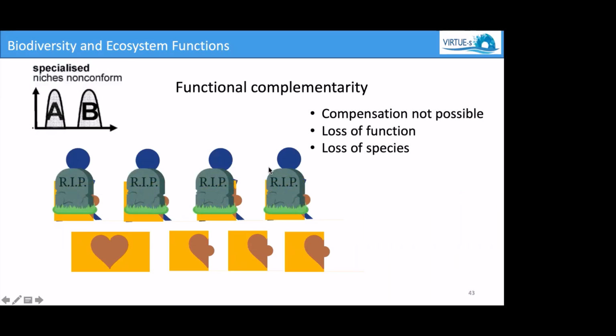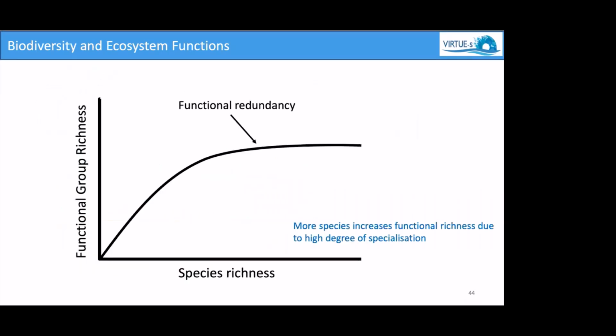Also, again, if this function profits a third species, the loss of one of the specialized species can also lead to the loss of the third species. So in contrast to functional redundancy, in functional complementarity, more species increase the functional richness due to a high degree of specialization.